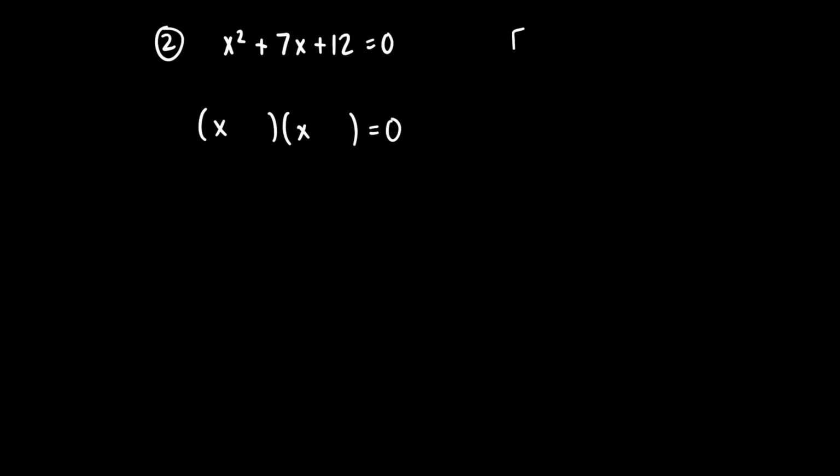What I'll usually do is write down the factors of 12. I'm looking for numbers that when I multiply them give me 12, and I usually start low and go up.